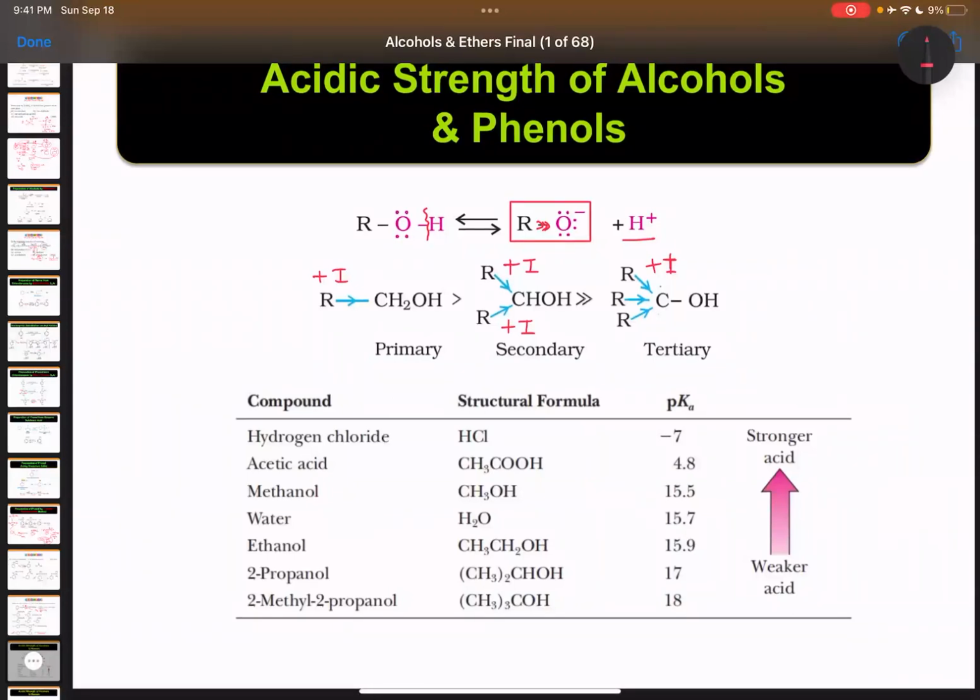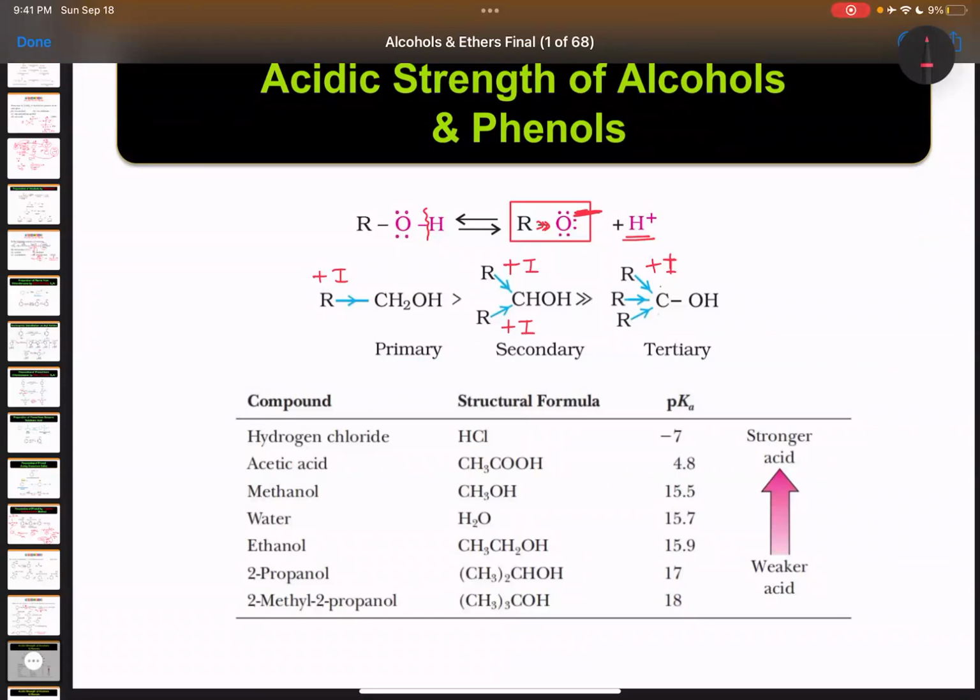It is going to become more and more negative, right? Yes, sir. So you are not promoting the departure of H plus. If it becomes more negative, it will again call in H plus, come back and join again. Okay, is it clear? Yes, sir.